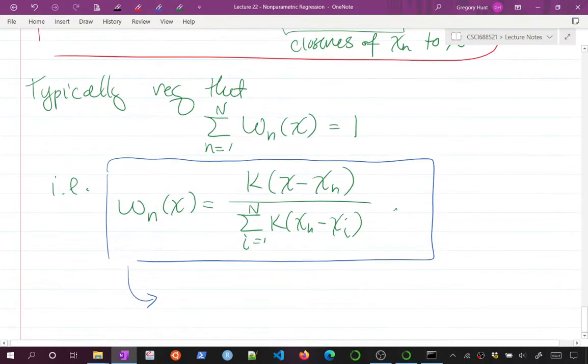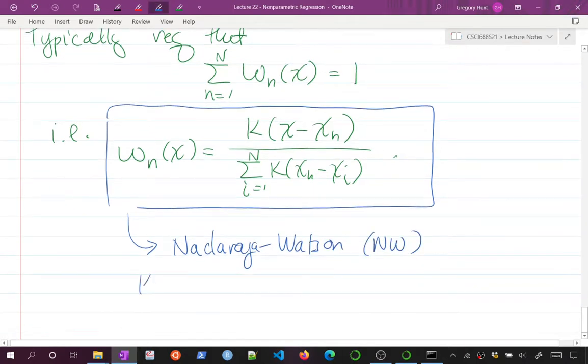When I do this weighting and define my weights this way through a kernel function, this is called the Nadaraya-Watson, or I'm just going to call it NW, Kernel Regression Estimator.